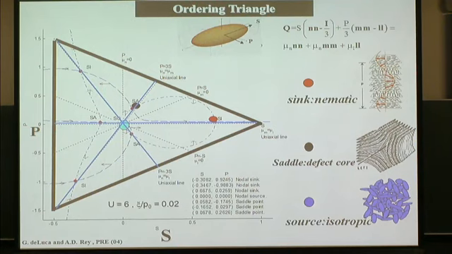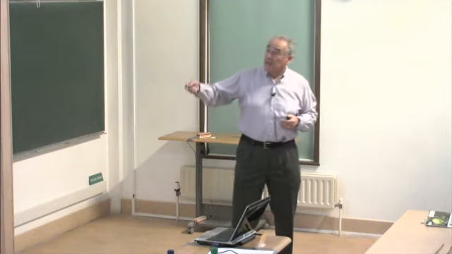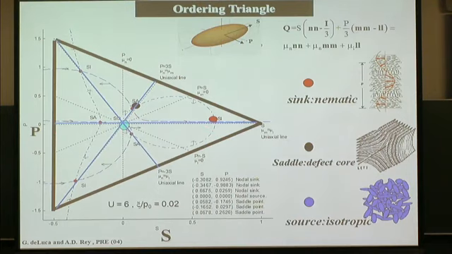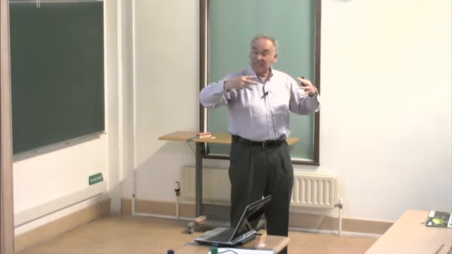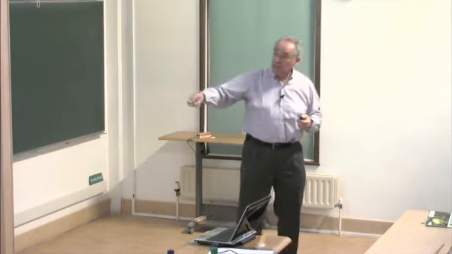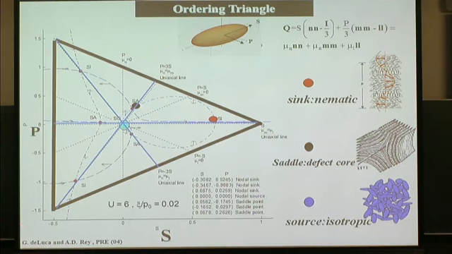So you can see that you have important connections. Here you have a sink-saddle connection that describes a topological defect. Here you have a sink-source connection that describes, for example, an isotropic nematic interface. So getting used to this triangle, you can tackle a lot of problems by just looking at it.